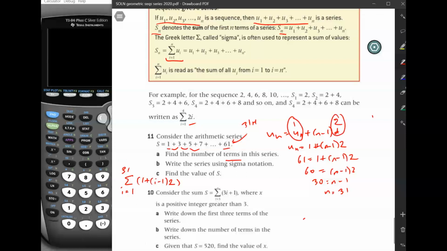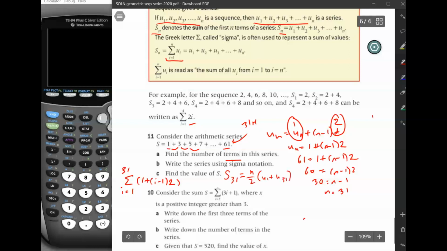We use, come on, erase. Okay, so the sum of the first 31 terms is equal to, remember, we can find the formulas from the formula sheet, which is n divided by 2 times U1 plus U31.